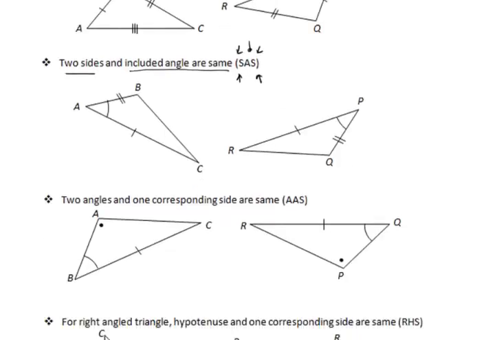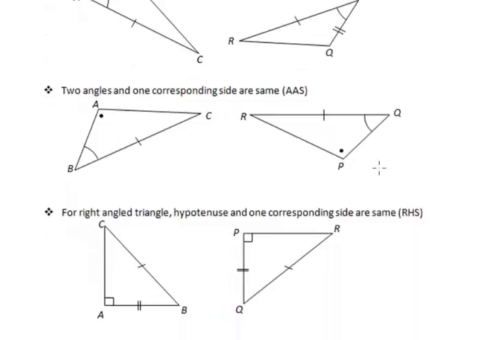The third condition which is sufficient to check whether 2 triangles are congruent or not is 2 angles and 1 corresponding side are the same. So for example, here in triangle ABC and PQR, 2 angles, angle B is equal to angle Q, and angle A is equal to angle P. So 2 angles are equal and 1 corresponding side.